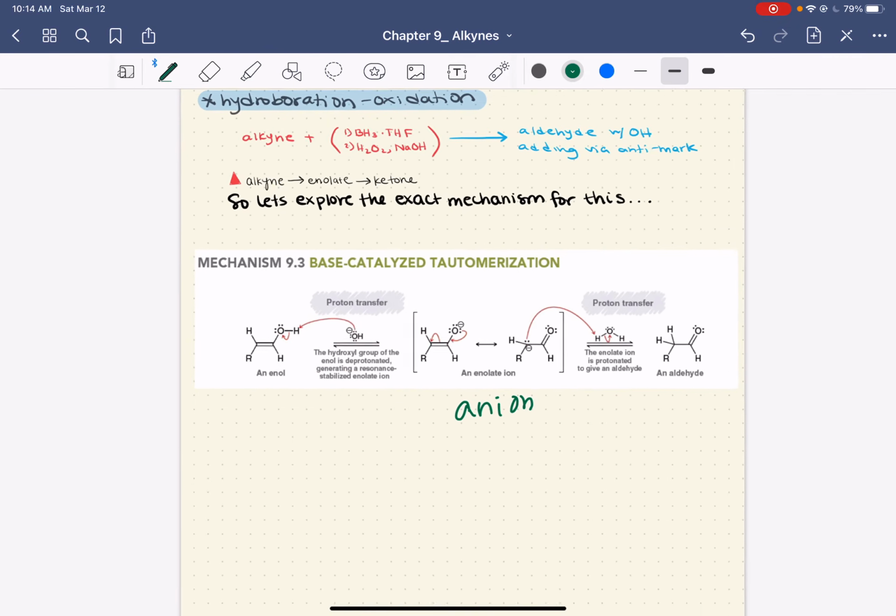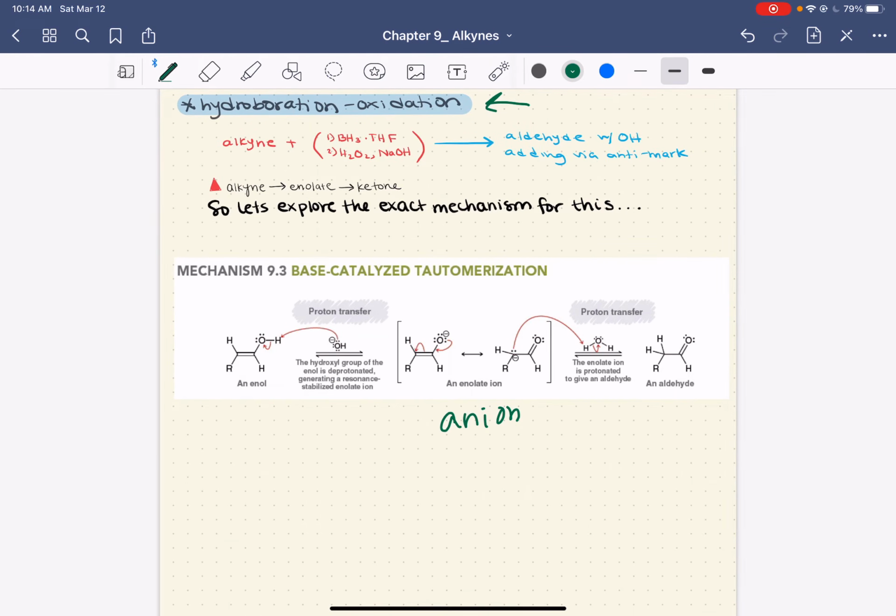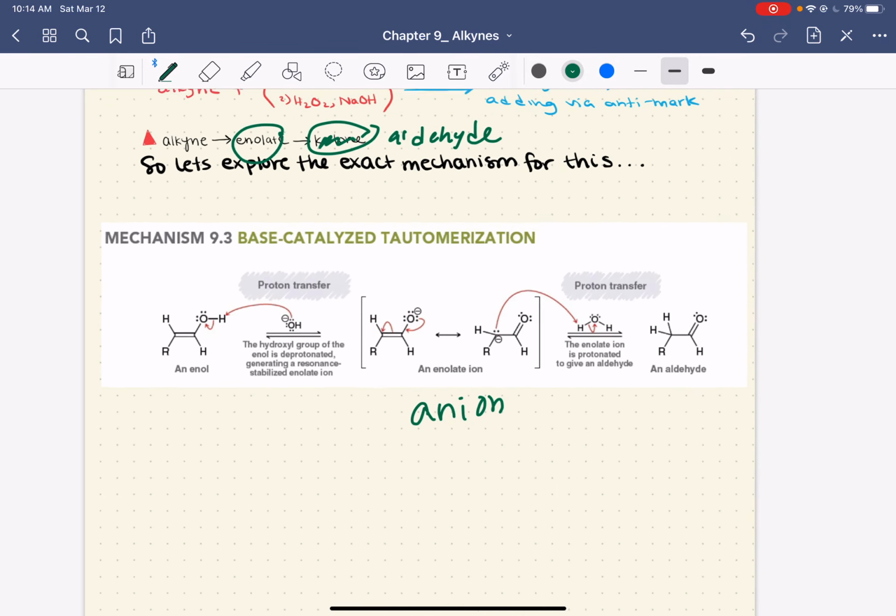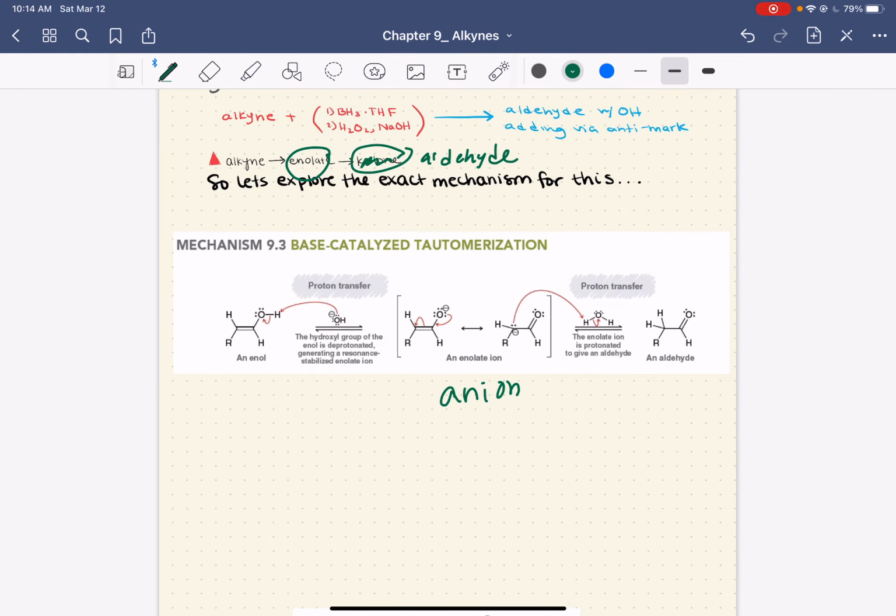Let's look at this mechanism a little more. For hydroboration-oxidation of an alkyne, you're going to form an enol that cannot be isolated. It's quickly converted not to a ketone, but to an aldehyde. So let's explore the mechanism for this. We are still taking a triple bond and trying to add an alcohol on one side and a hydrogen on the other.